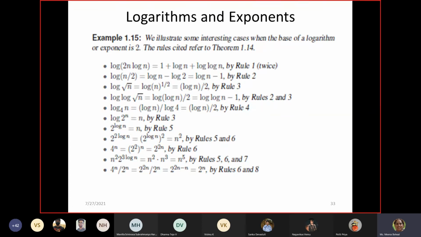Okay. Where exactly may you have to do these transformations? I told you that you are doing the algorithmic analysis and you want to converge to a solution. Sometimes you need to compare, right? So this is just a game of comparison, right?